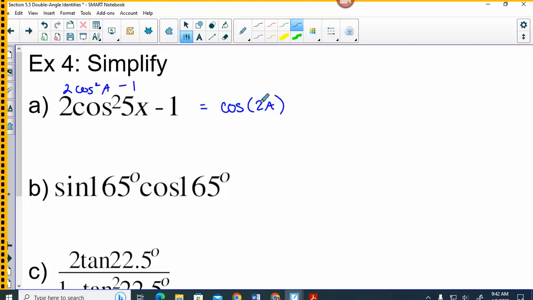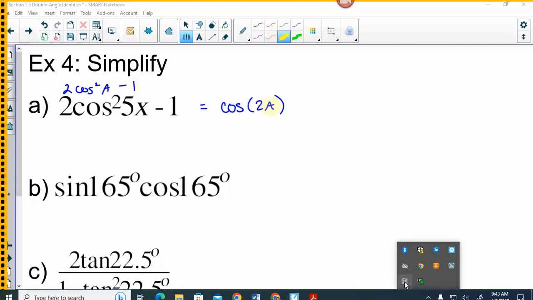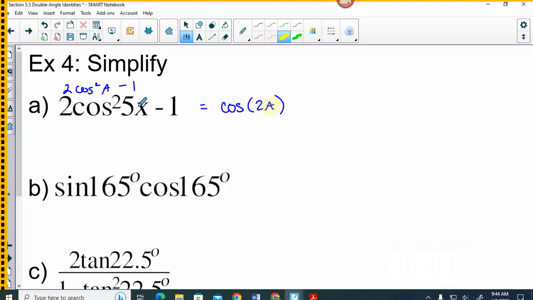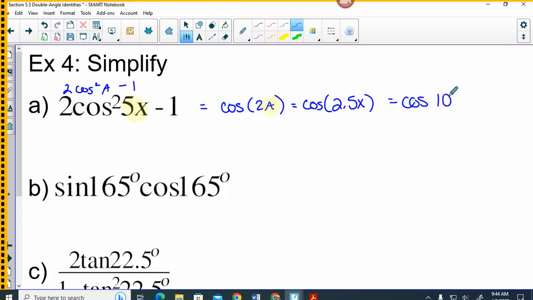So in this scenario, a is 5x. So then to finish it, let's just do cosine of 2 times 5x, and we get cosine 10x.